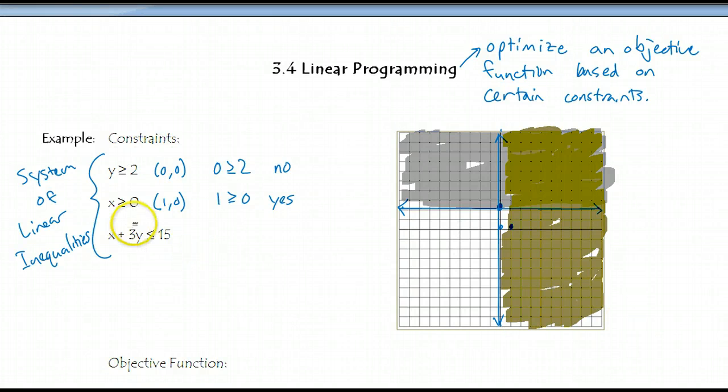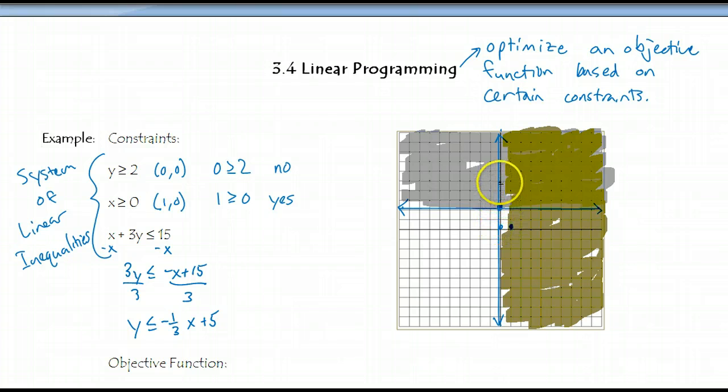And my last inequality is this. X plus 3y has to be less than or equal to 15. To graph this inequality, I'm going to first solve for y. Y is less than or equal to negative 1/3 x plus 5. Up 1, 2, 3, 4, 5. And from there I have a slope of negative 1/3.